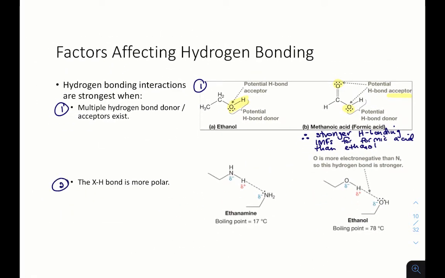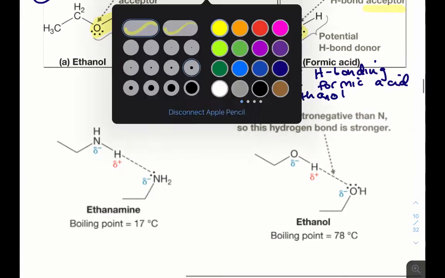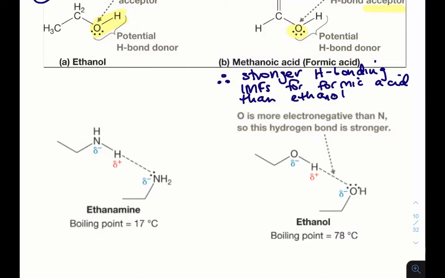Second, the more polar the X-H bond is, the one donating the hydrogen bond, the stronger the interaction. We could compare and contrast an N-H bond as a hydrogen bond donor versus the O-H bond as a hydrogen bond donor in ethanol.